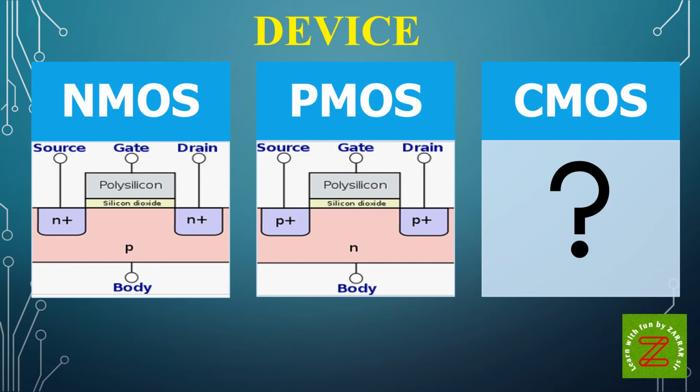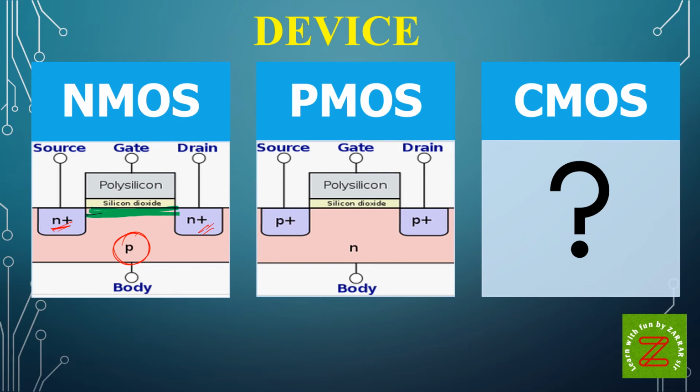For NMOS, you should be aware that in NMOS we take the substrate as P and the diffusions are N, which implies the channel will be created of N. So if the channel is created of N, we call it NMOS or N-channel MOSFET.